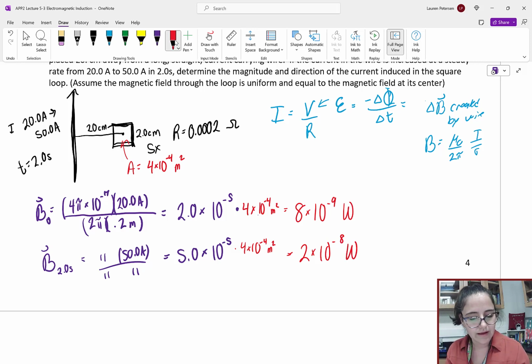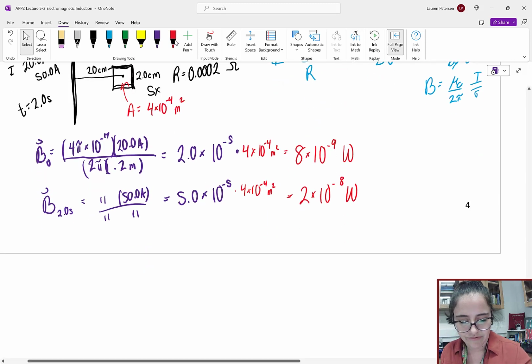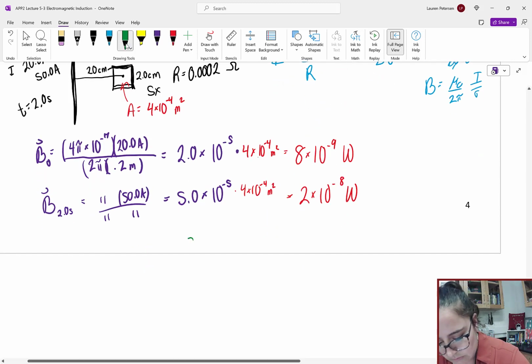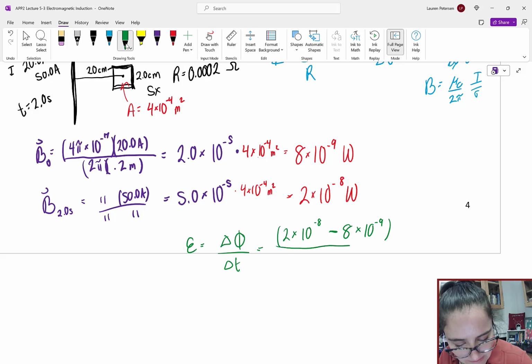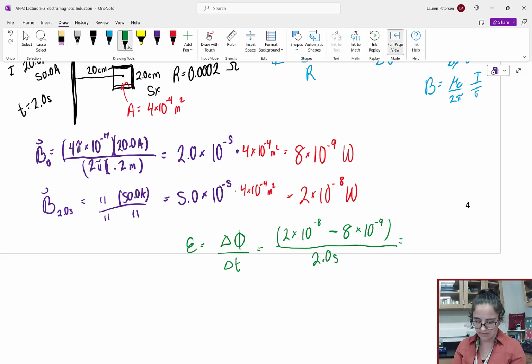So we can plug that into the EMF equation. The EMF equation is the change in flux over time. So we got 2 times 10 to the negative 8 minus 8 times 10 to the negative 9 Webers over the 2 seconds that it took to make that change.